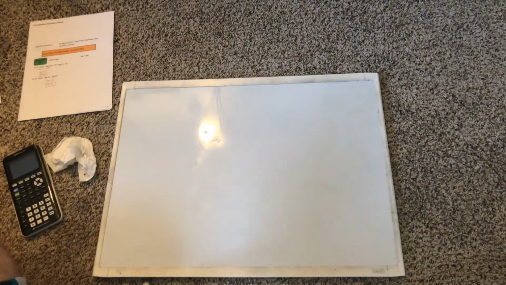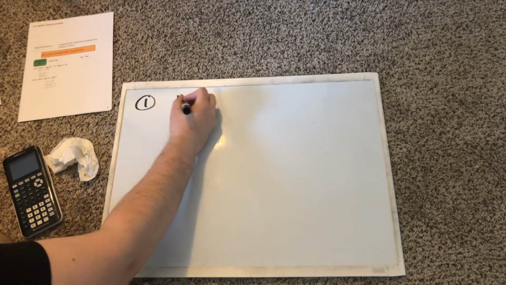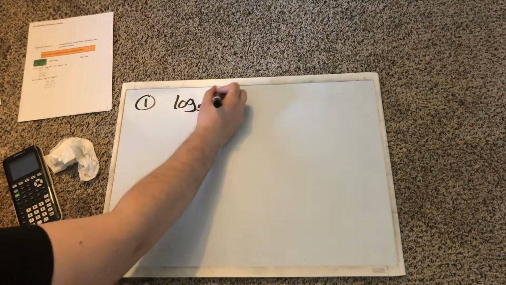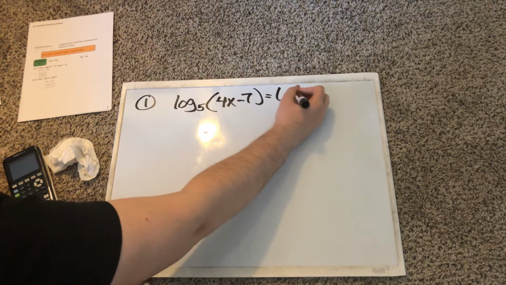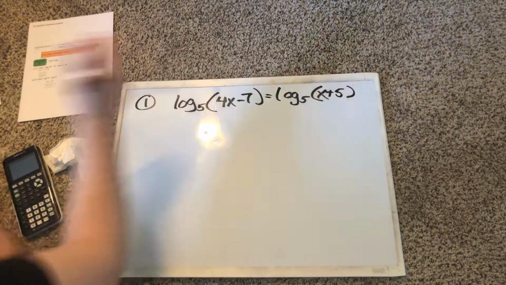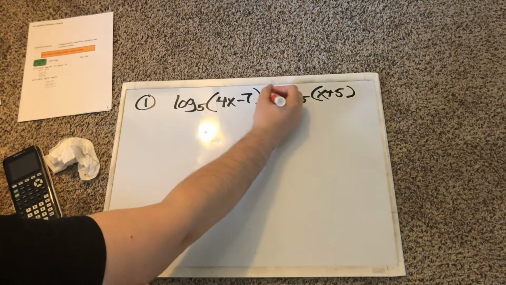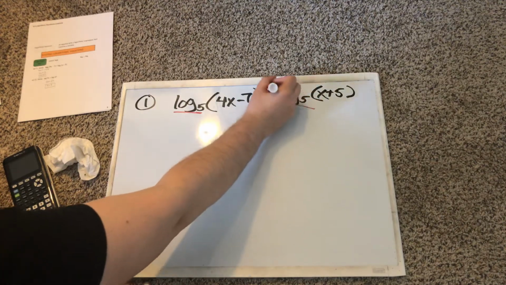So, example number 1. If I have log base 5 of 4x minus 7 equals log base 5 of x plus 5. Let's see. I got an equal sign right here. That's good. I have log base 5, awesome.